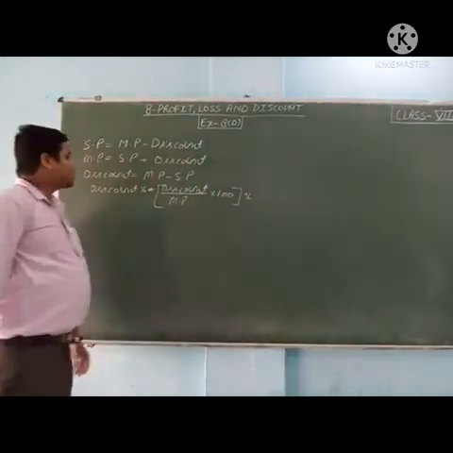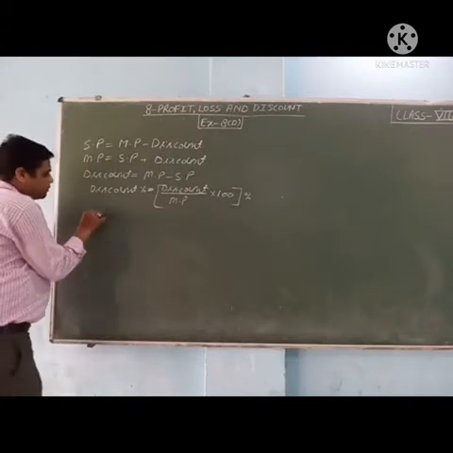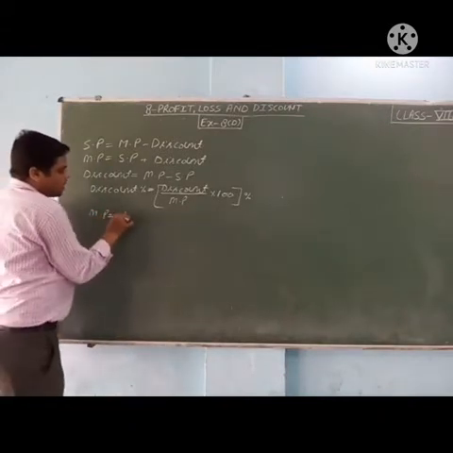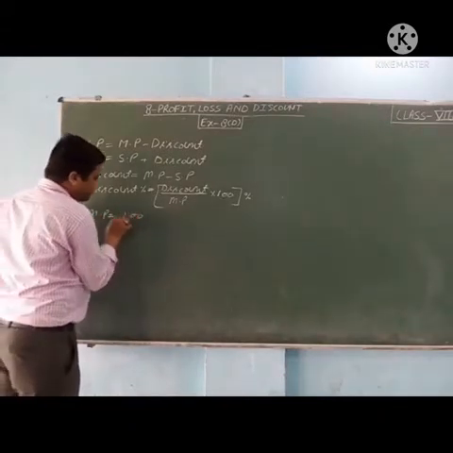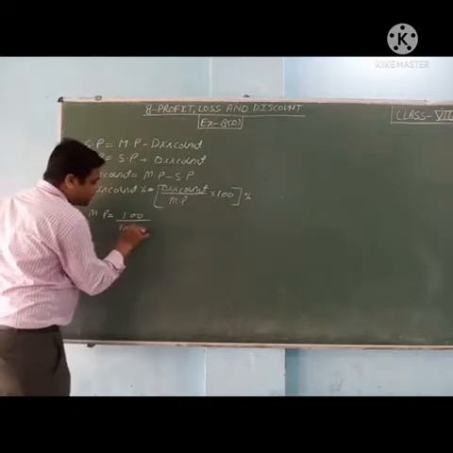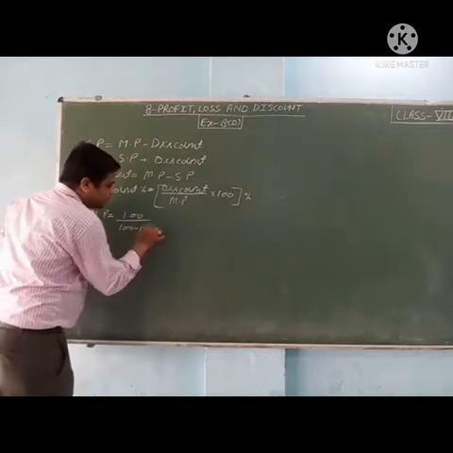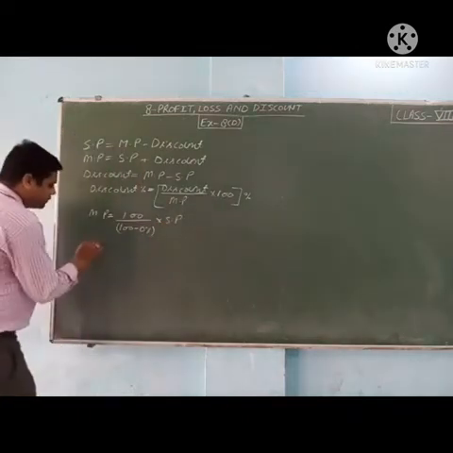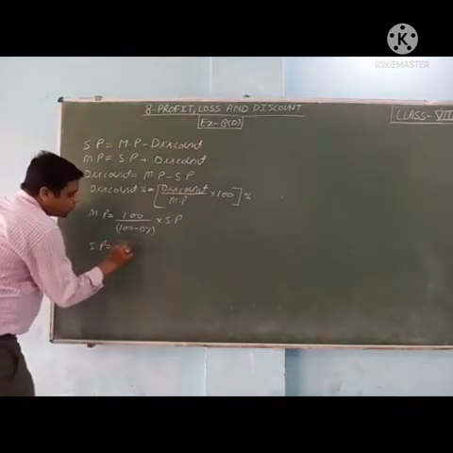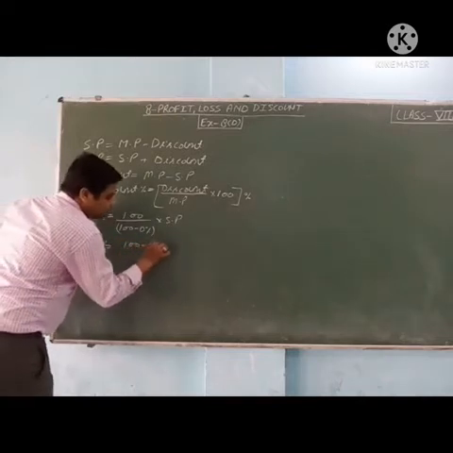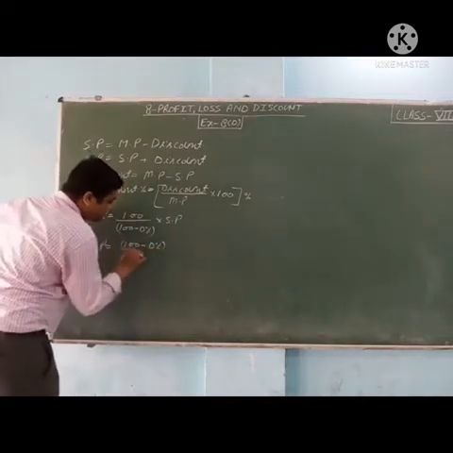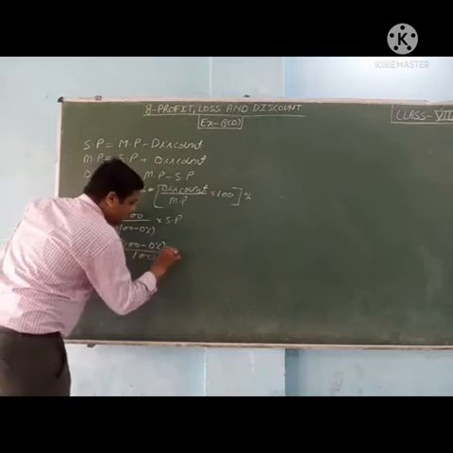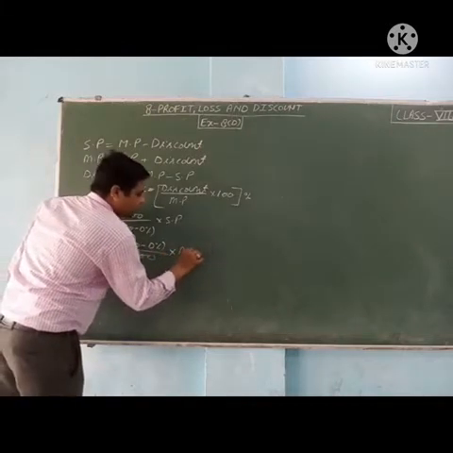One more formula: mark price is equal to 100 upon 100 minus discount percent multiplied by selling price. Then selling price is equal to 100 minus discount percent upon 100 multiplied by mark price.